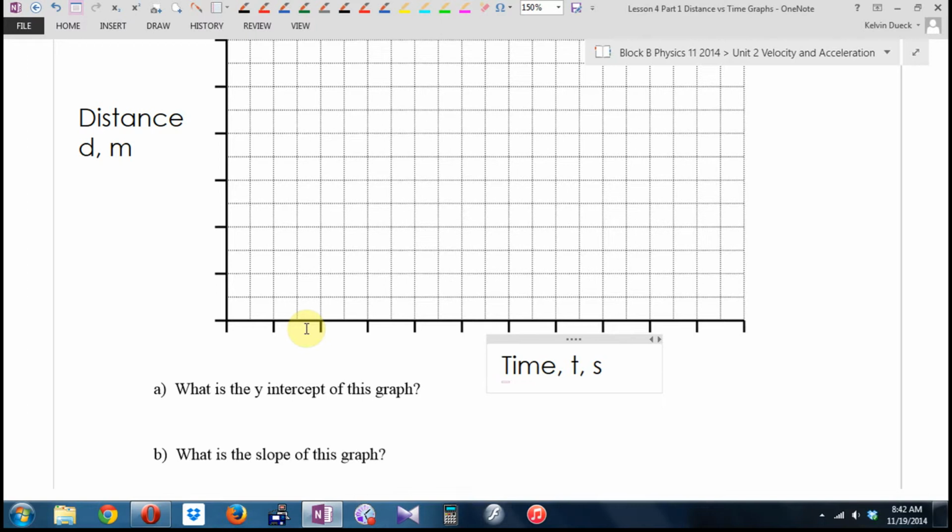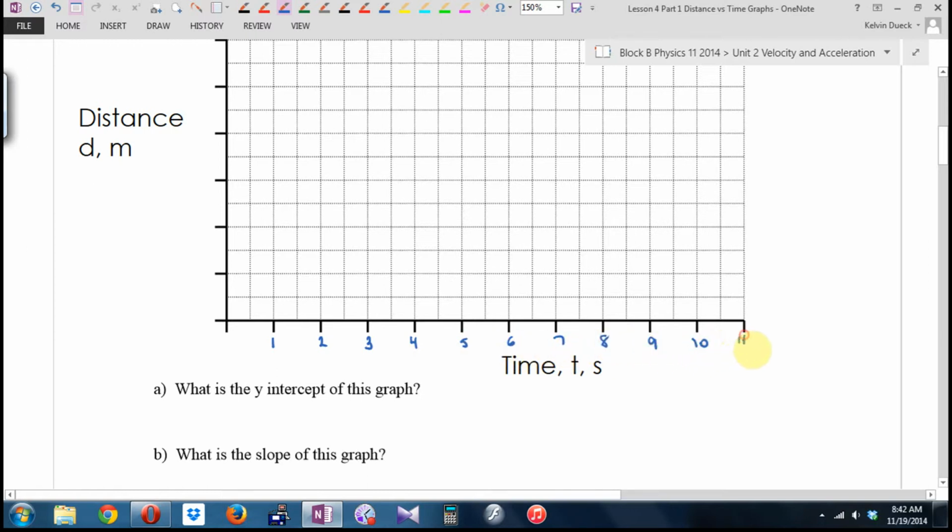So I'm going to go like this. 1, 2, 3, 4, 5, 6, 7, 8, 9, 10, 11. That uses up most of the graph. Alexa, we said the rule for a good scale was try and use up most of the graph paper. I would not have gone up by 1s. That would have had the 9 right there. You're only using half or less than half of your graph paper. You could have done better.